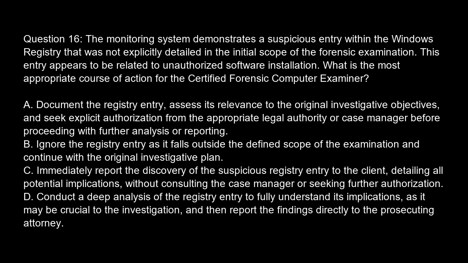Option C. Immediately report the discovery of the suspicious registry entry to the client, detailing all potential implications, without consulting the case manager or seeking further authorization. Option D. Conduct a deep analysis of the registry entry to fully understand its implications, as it may be crucial to the investigation, and then report the findings directly to the prosecuting attorney.